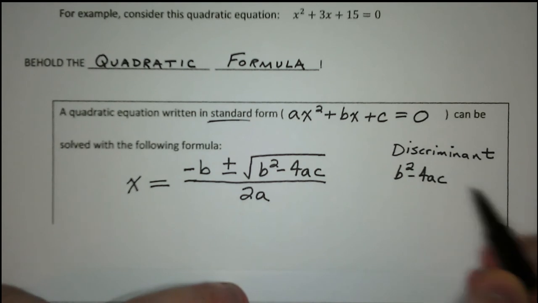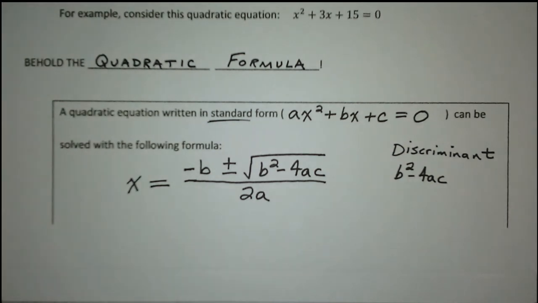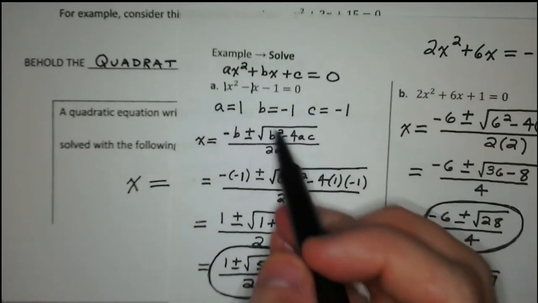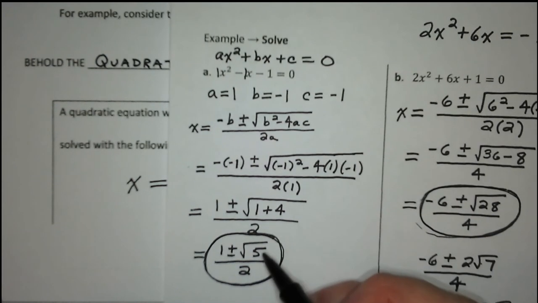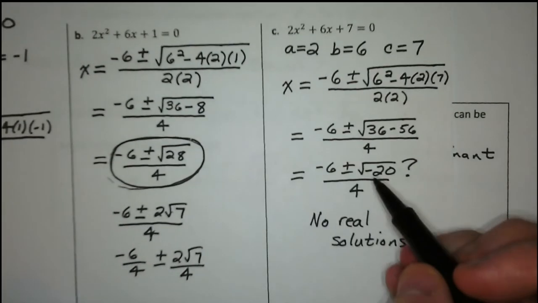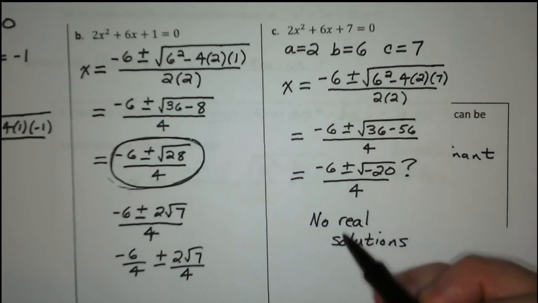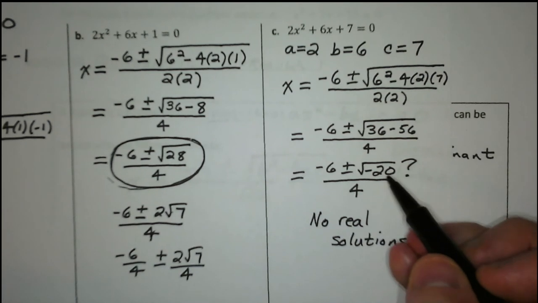And whatever the discriminant is pretty much dictates how many solutions there are. So example A, if our discriminant ends up being something like positive 5, you end up with 2 answers. If your discriminant ends up being negative, like negative 20, you have no real answers because you can't take the square root of a negative number.